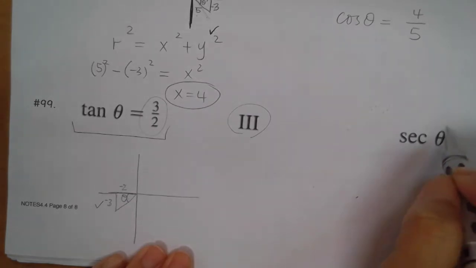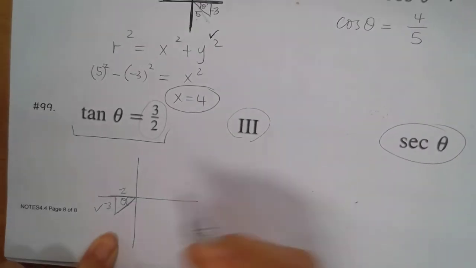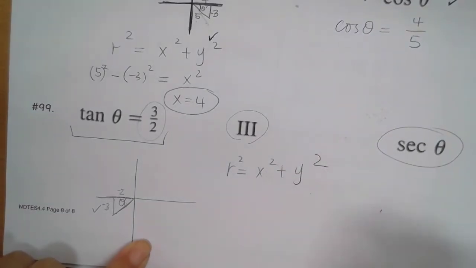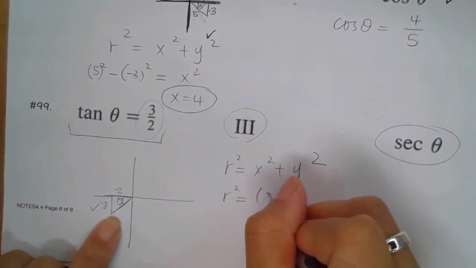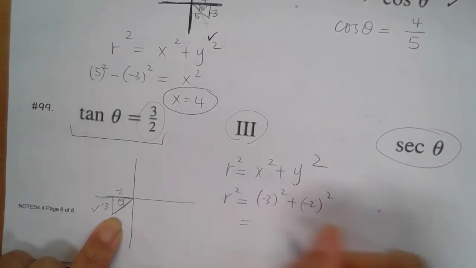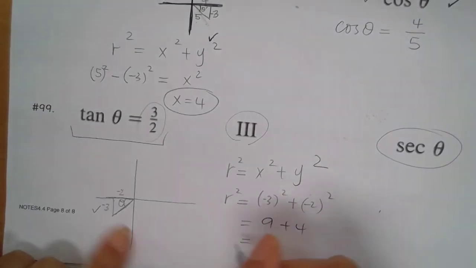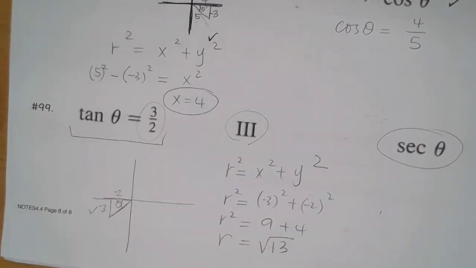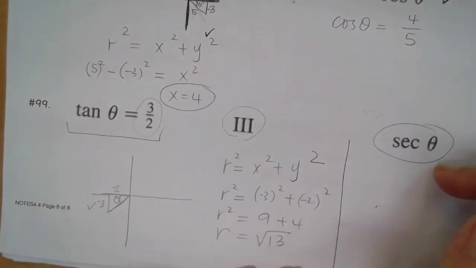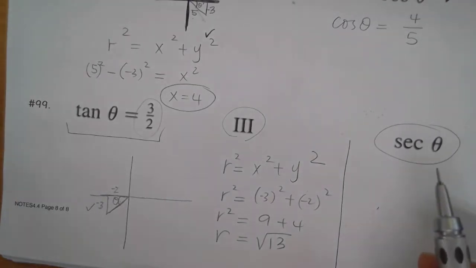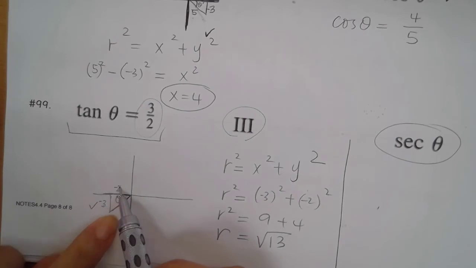Now, they want us to find the secant, but you need the radius. So let's do that again. r squared equals x squared plus y squared, right? So r squared is equal to negative 3 squared plus negative 2 squared, which is going to be 9 plus 4. So r is equal to root 13. I skipped a lot of steps here. I hope you don't mind. Now you find your secant. Secant of theta is the reciprocal of cosine theta, which is adjacent over hypotenuse.